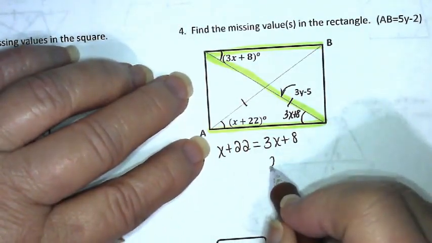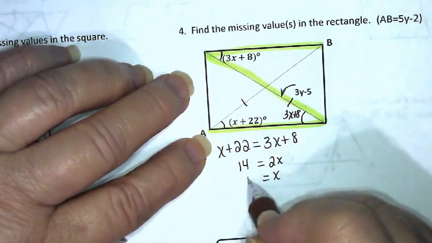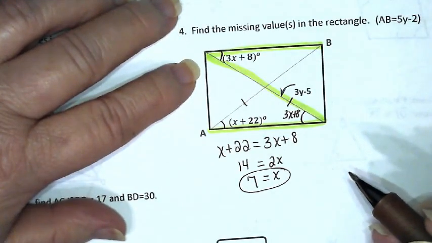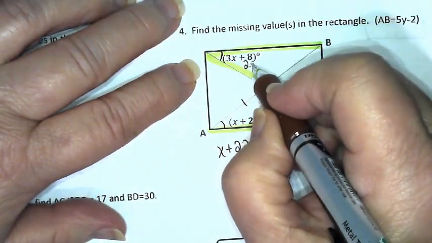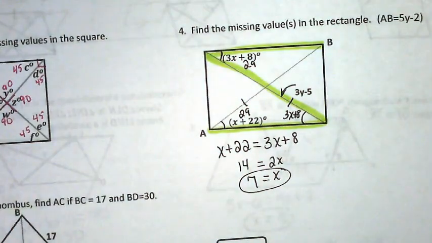I'll subtract x, subtract 8, and it looks like x is 7. So I get this angle's 29 degrees, this angle's 29 degrees, and that works.